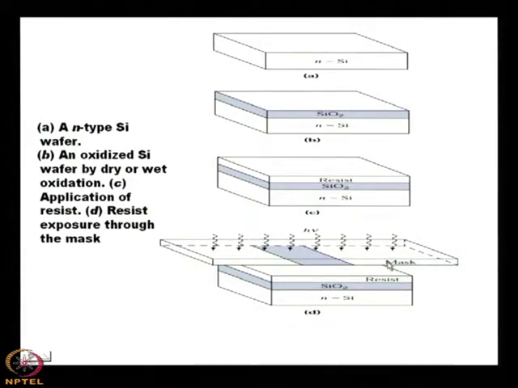Okay. Then the next step is you use a mask. Say this is a mask. What is a mask? There are different types of masks used in the semiconductor industry, but generally it is a glass plate on which a layer of chromium is deposited.